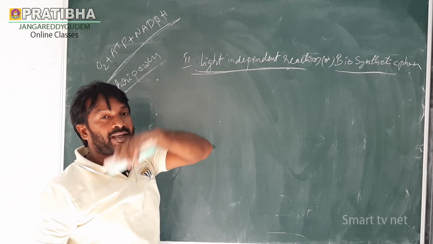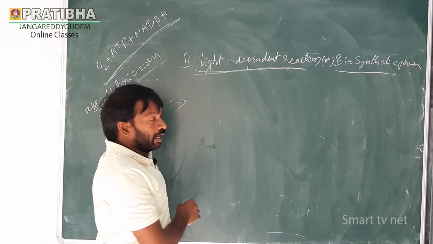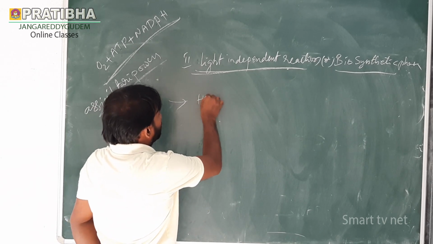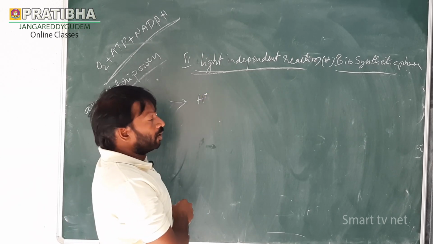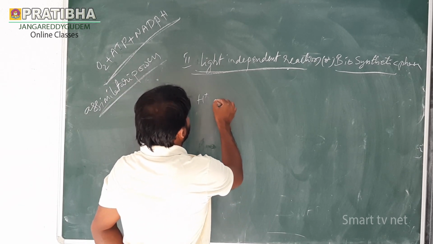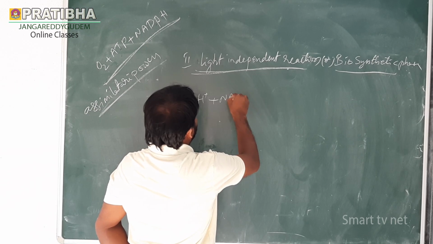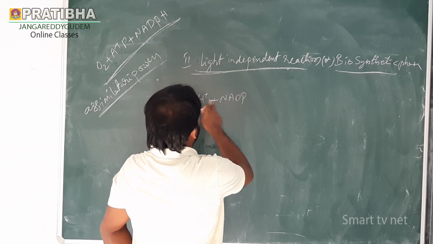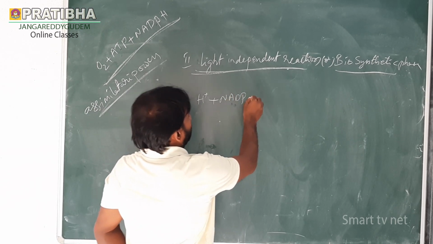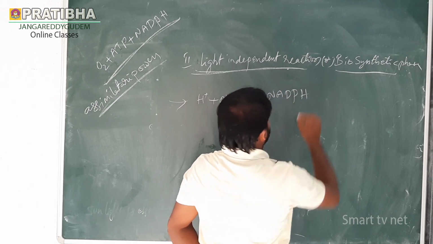In the light reaction, hydrogen ions were already produced. In the dark reaction, in the stroma of the chloroplast, this hydrogen ion is picked up by NADP and forms NADPH.